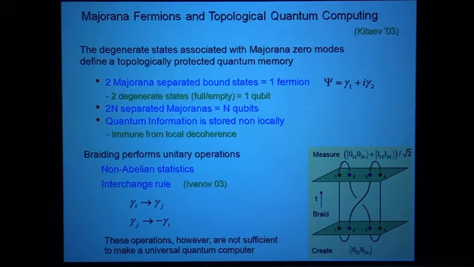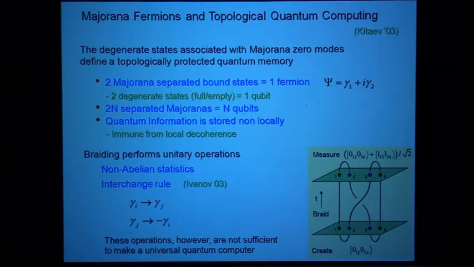This is the whole problem with trying to make a quantum computer: to keep the quantum computer from accidentally measuring itself. In principle, if you can store the quantum information in these well-separated Majorana modes, then you can protect it from local sources of decoherence.